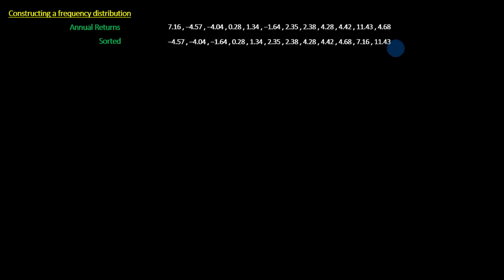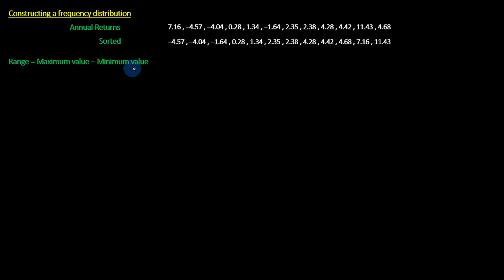Now, to break the data down into intervals, you need to know what the range of the data is. And by range, I mean the difference between your maximum value and your minimum value. So you want to find out what is the difference between the minimum and maximum value.